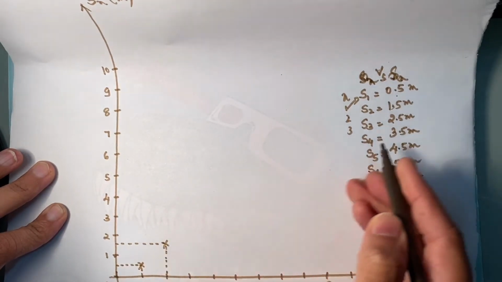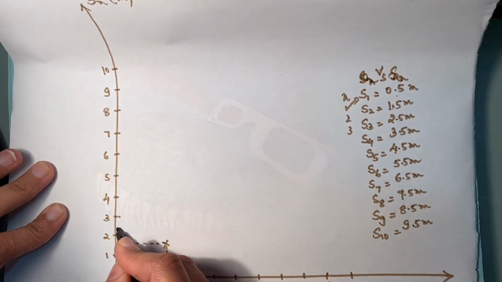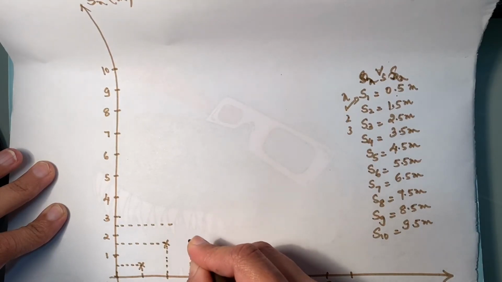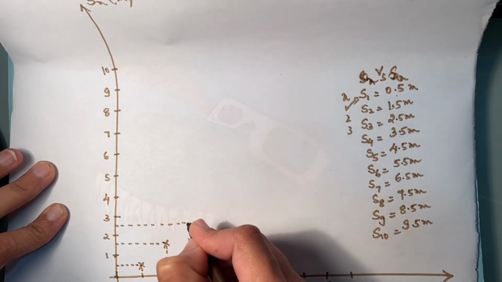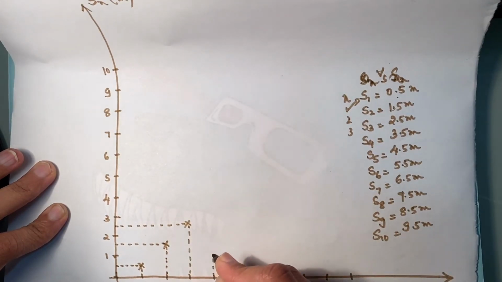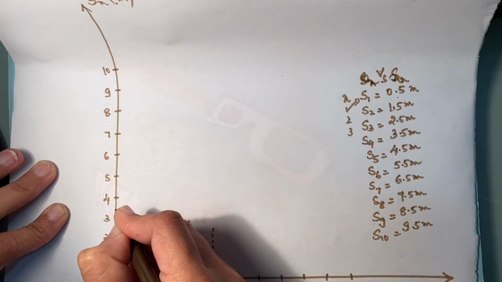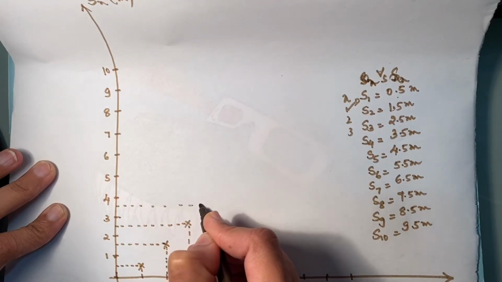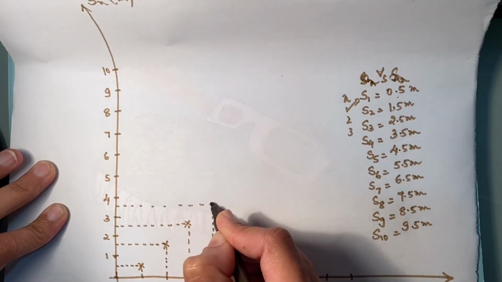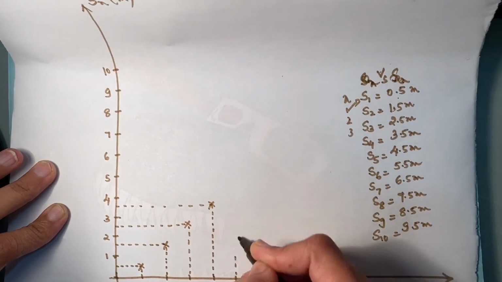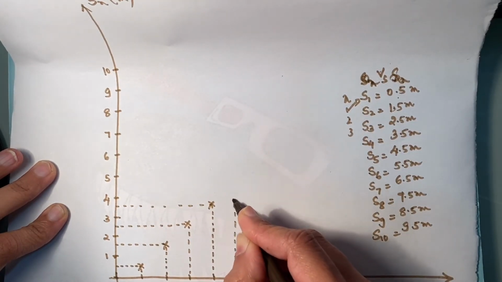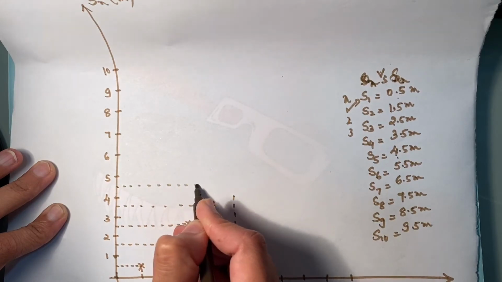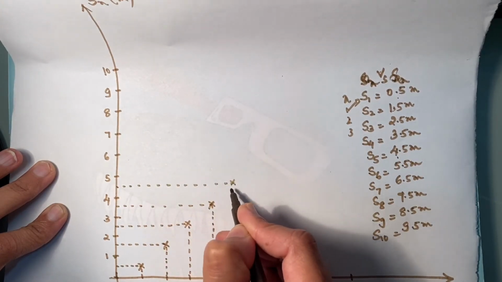When n was 3, it was 2.5, so this is your point. When n is 4, it was 3.5. When n is 5, it is 4.5. So this is the point.